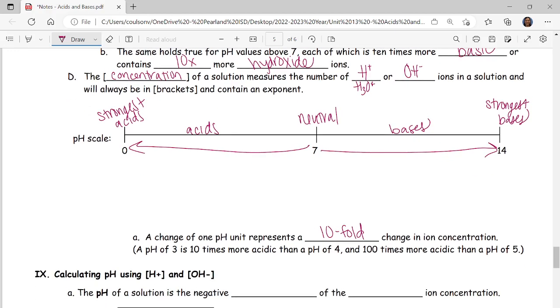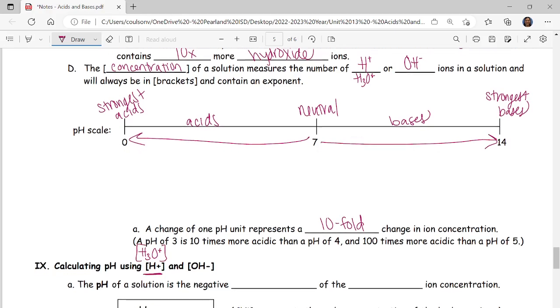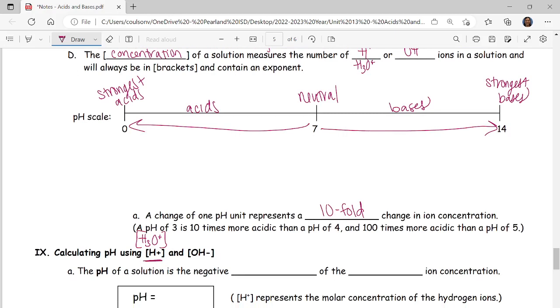So when we calculate this, it says calculating pH using the hydrogen ion concentration, or you'll sometimes see it written as hydronium ion, so I'll put that there just to remind you again. They really are going to be used interchangeably. And hydroxide ion concentration. The pH of a solution is the negative log of the hydrogen ion concentration.